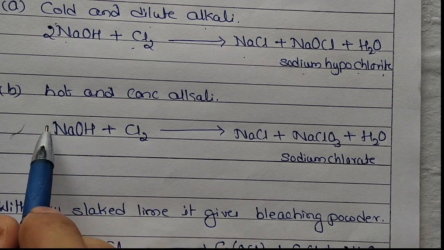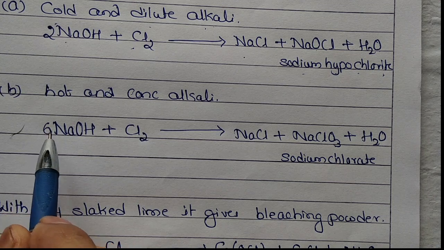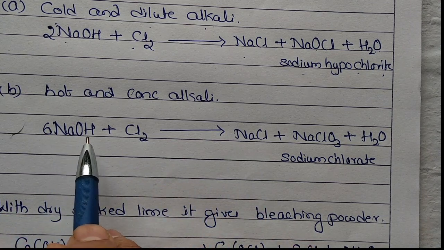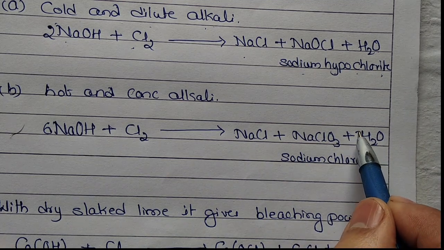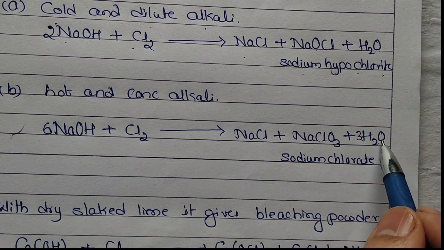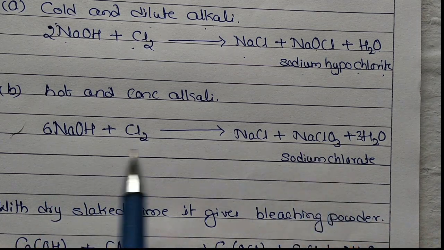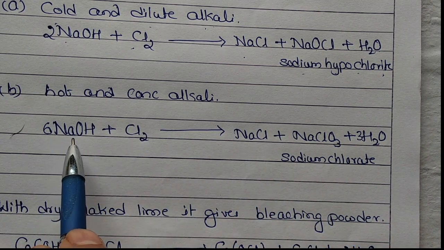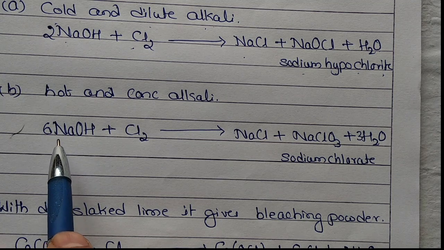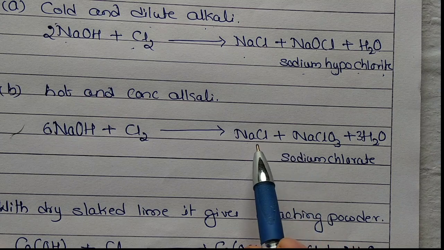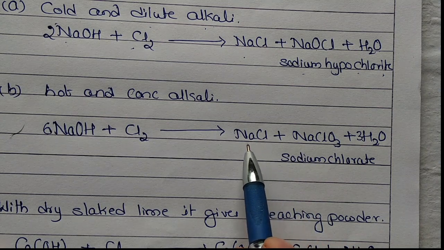To balance this, 6 NaOH. So hydrogen is 6, which means here it is 3. So 3 oxygen, that is 6 oxygens are there. What about the chlorine? 6 sodium must come; here there is only one, and here there are 2.